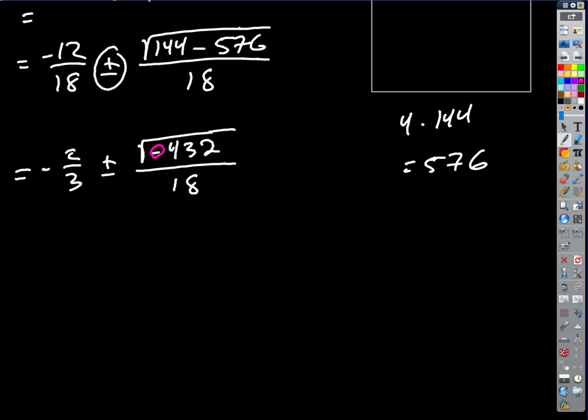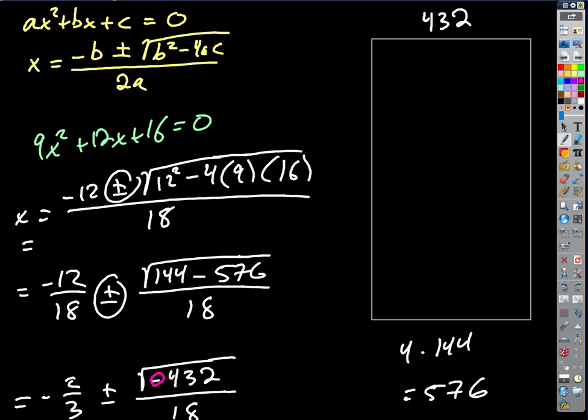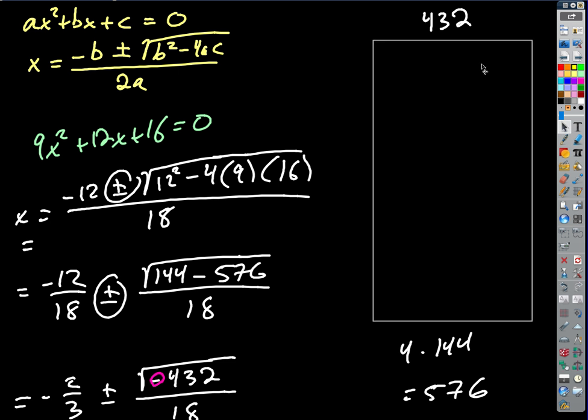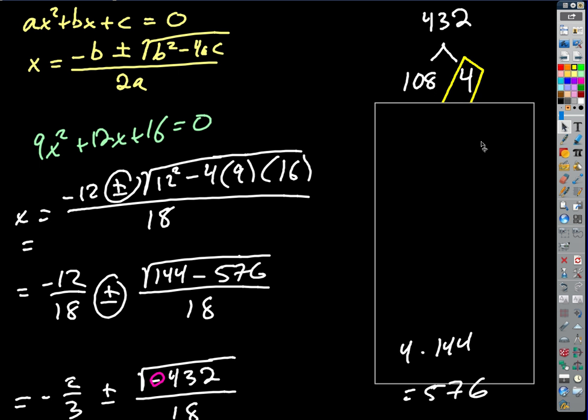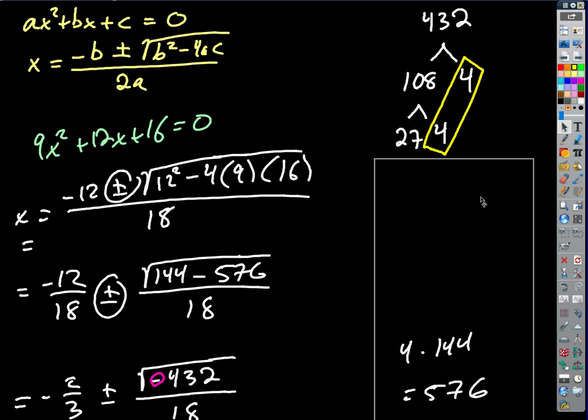Okay, but we've got to simplify the square root of 432. It's been a while, so let's quickly look at our factor tree. Couples go out, singles stay in, right? So 432 we could break up into 108 times 4. 108 we could break up into 27 times 4.